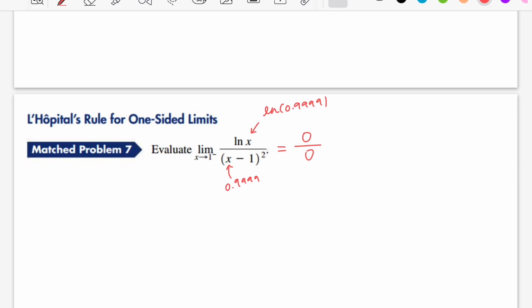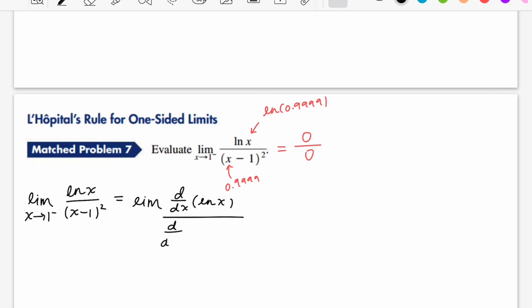So we're going to use L'Hopital's rule and evaluate this limit. So we're going to take the derivative of ln x and the derivative of x minus 1 squared.